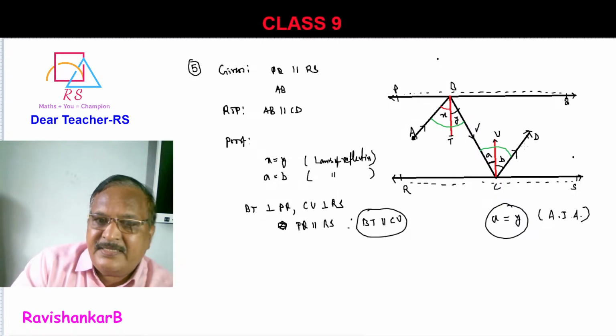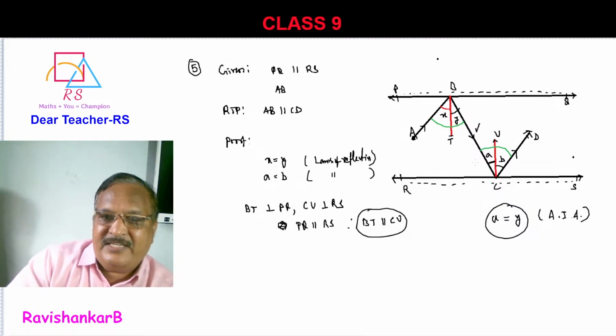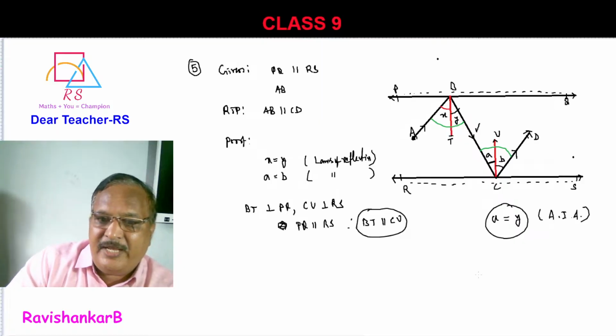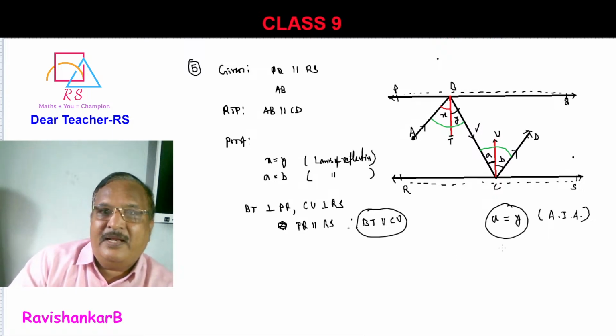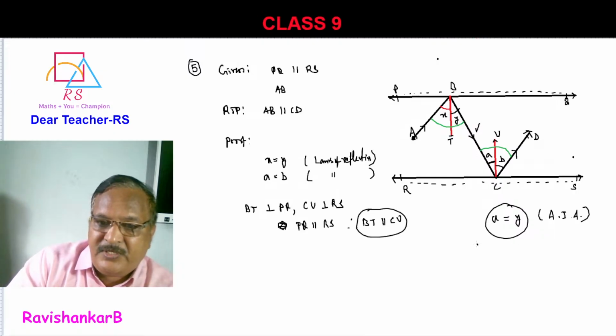Now in this case, I will take alternate interior angles. That means x plus y is alternate to a plus b. If I prove x plus y is equal to a plus b, then AB is parallel to CD. So here I will write a plus a is equal to y plus y.